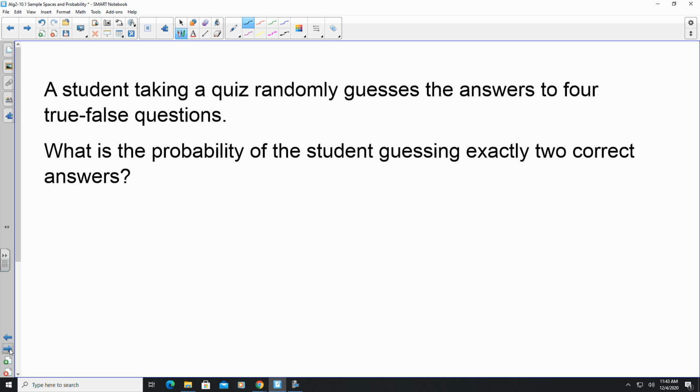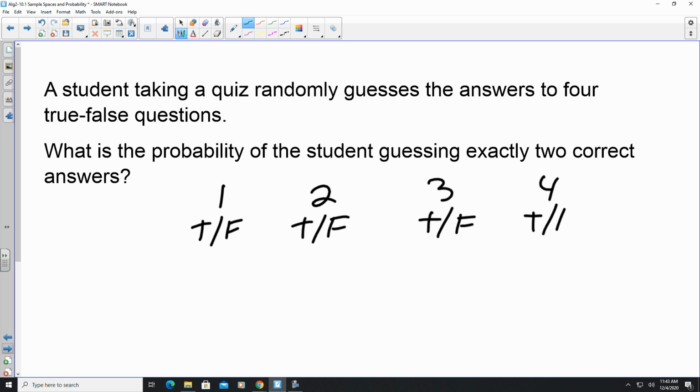So if they're completely guessing, that means because it's true or false, each question is either going to be true or false. So you have question 1, question 2, question 3, question 4. It's either going to be true or it's going to be false. Same thing here. True or false, true or false, true or false. And it doesn't matter what the question is because this particular student guessed.